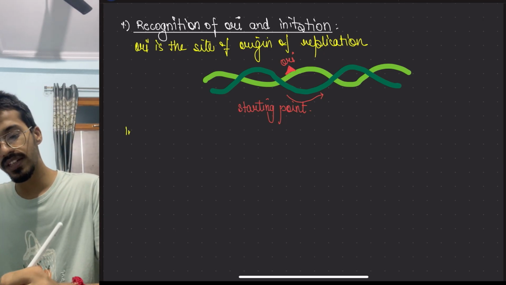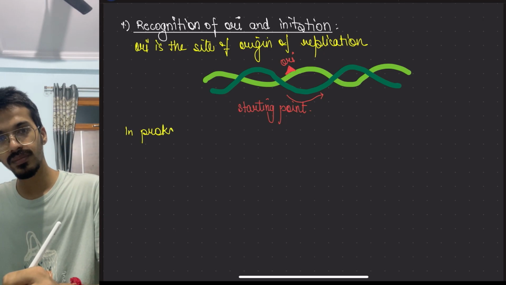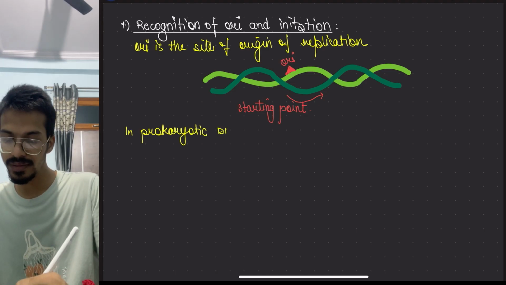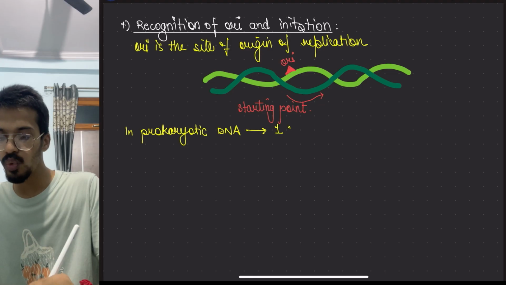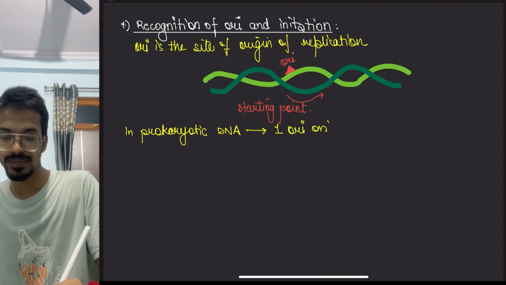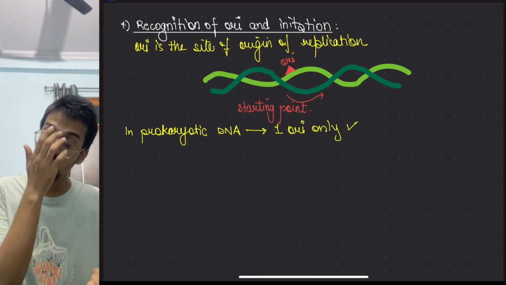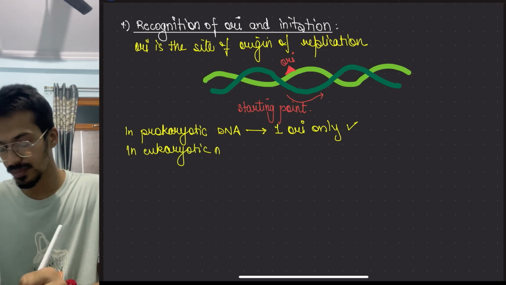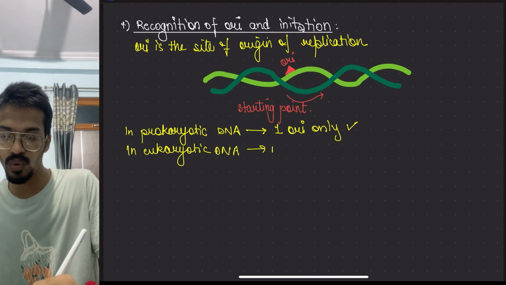In prokaryotic DNA, only one ORI is present. But in eukaryotic DNA, multiple ORI are present.